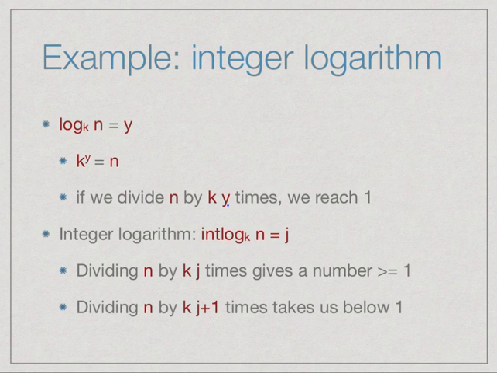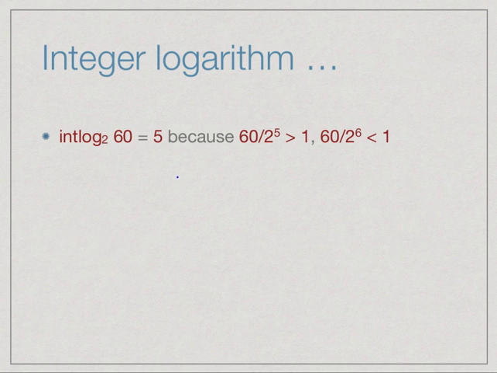As an example, if we take the base 2 and the number 60, then the integer log is 5, because if we divide 5 times, we stay above 1. 2 to the 5, by the way, is 32. So 60 divided by 32 is more than 1, but 2 to the 6 is 64, so 60 divided by 2 to the 6 will be less than 1. Therefore, by our definition, 5 is the largest number of times we can divide by 2 and stay above 1.